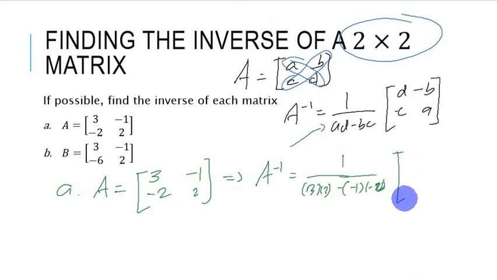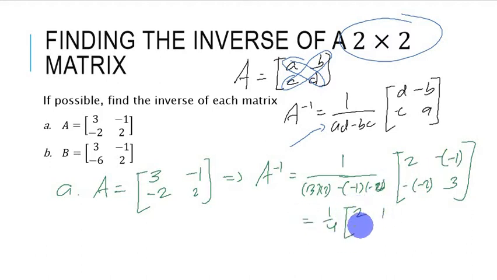Multiplied, this is 2. This is negative of negative 1. This is negative of negative 2. And 3. So finalizing this one, we're going to have 1/4 multiplied to the matrix 2, 1, 2, and 3.